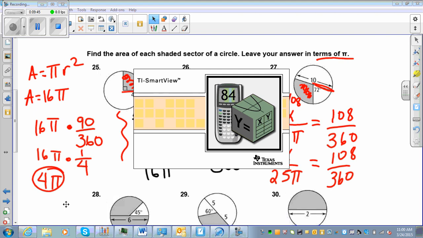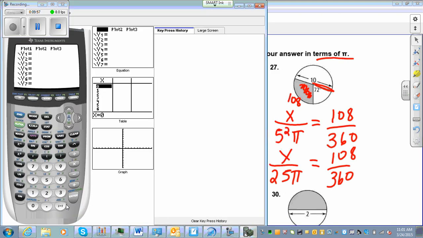But all you have to do is 25 times 108. Then whatever answer you get, you put underneath it, you put 360 degrees. And that would give you the answer. So I'll put 25 times 108, I'm sorry.